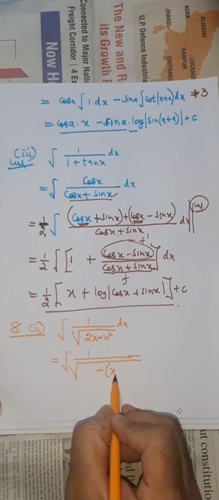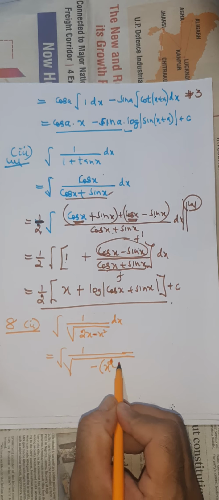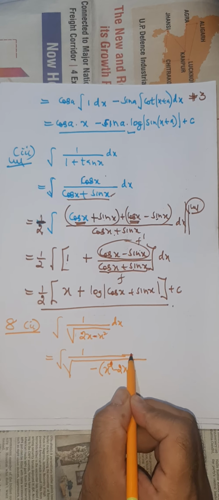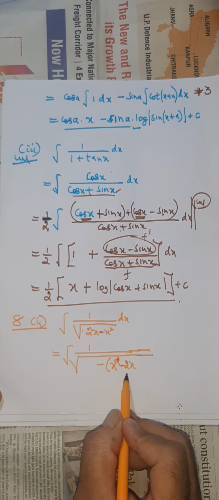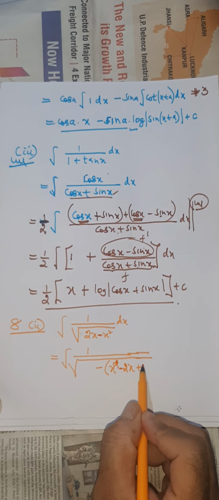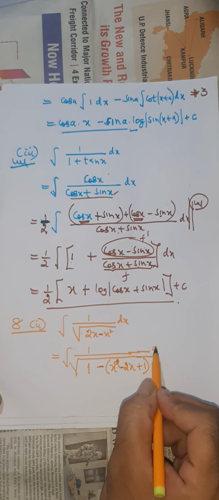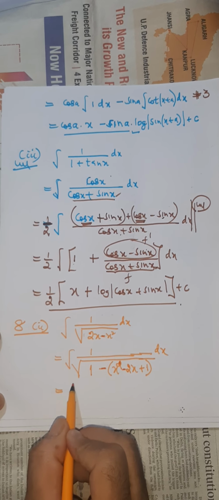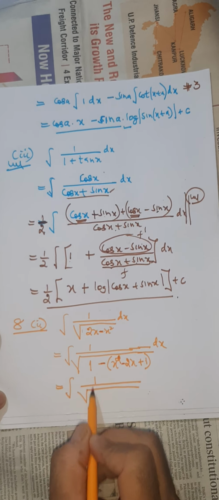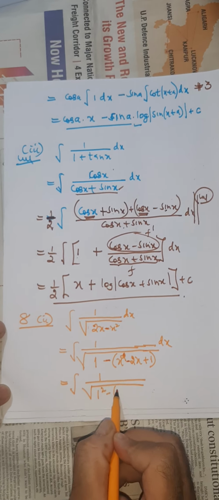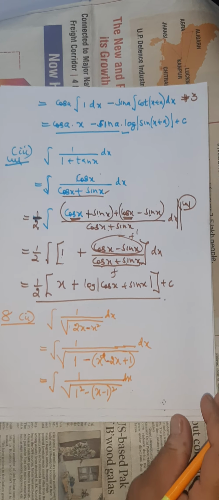This is not difficult, but just to remind you, x square minus 2x. How do we get the last term? Coefficient of the middle term by 2 whole square. So this is just 1. So you are subtracting 1, so I need to add 1 here. Fine. This is very familiar to you. So this is 1 square minus, now this become linear function, x minus 1 the whole square.